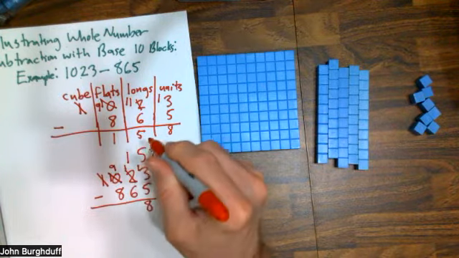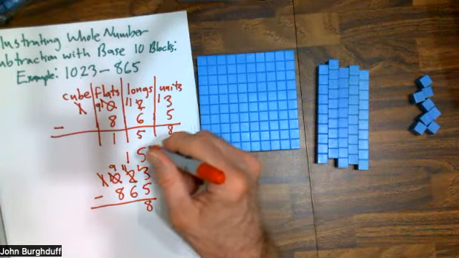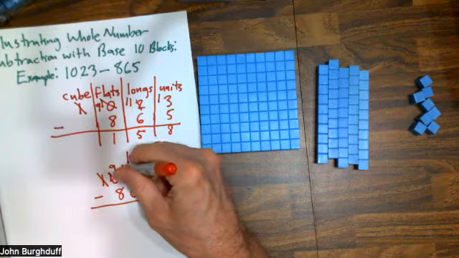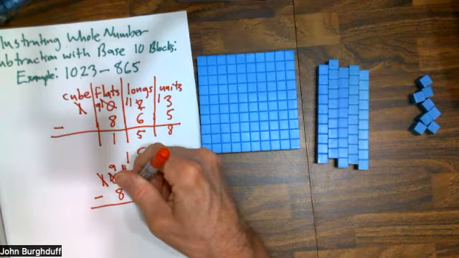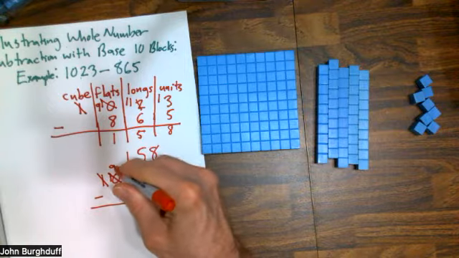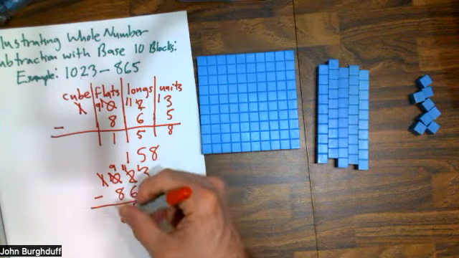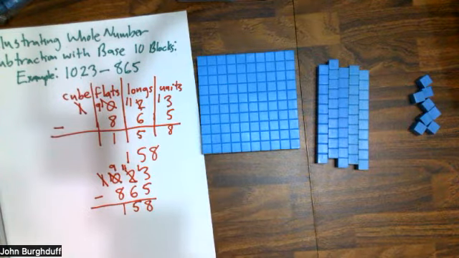Borrow one of those hundreds, creating 10 more longs or 10 more tens. So I've got 11 in the tens place, 11 longs, take away 6 is 5. And then finally, this is pretty well marked up, but 9 hundreds minus 8 hundreds leaves me with 158.